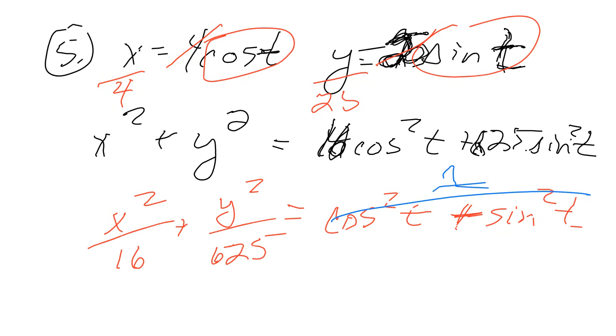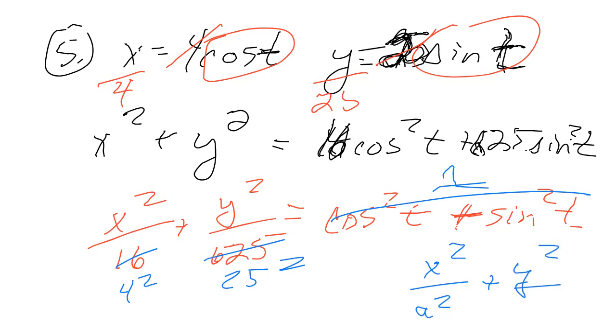So anybody know what that graph is? If you have x squared over a squared plus y squared over b squared equals 1, right?